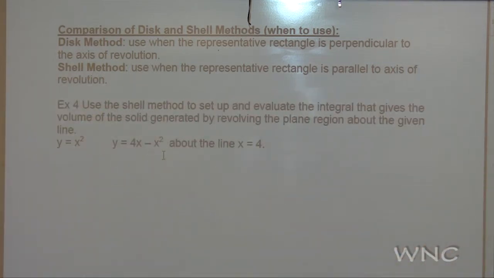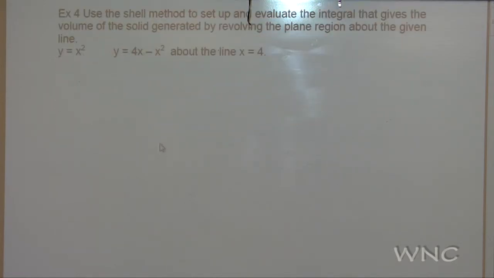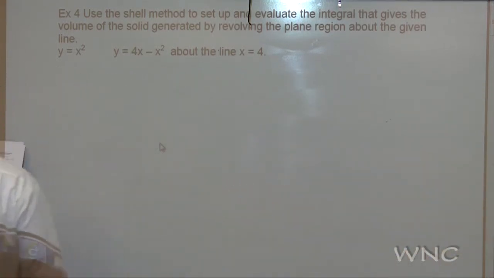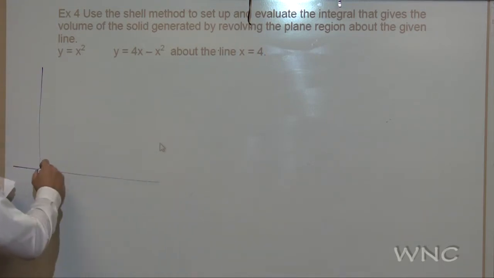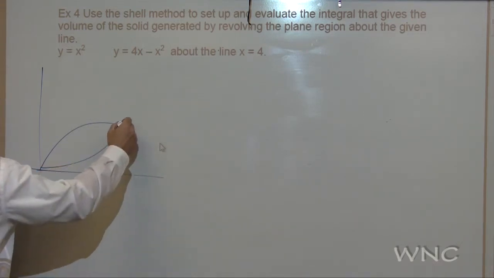So we're going to use the shell method to set up and evaluate the integral here. And it goes about the line x equals 4. So let's see what our figure looks like. Here's x squared. Here's 4x minus x squared.